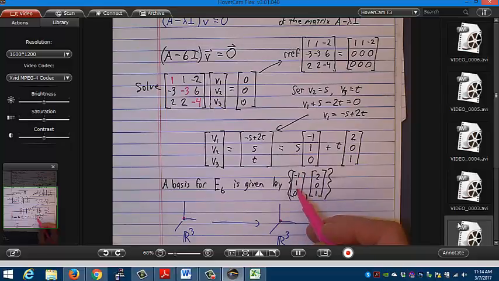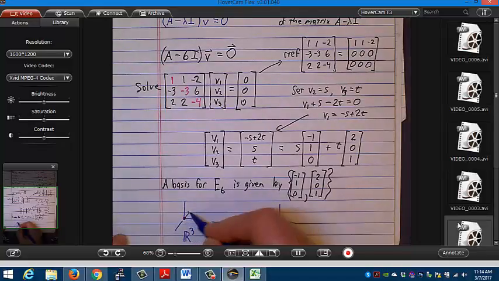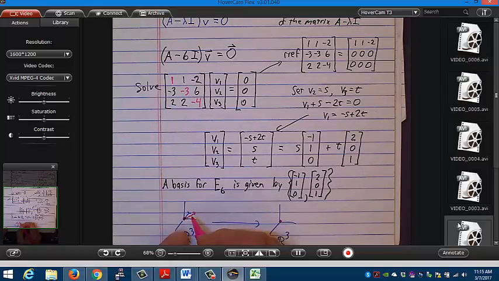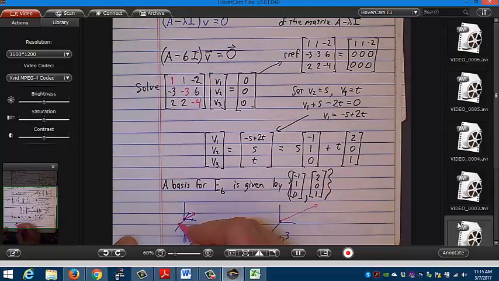And negative 1, 1, 0, where is that? Well, the x direction, negative 1, would be back here, and in the y direction, 1 would be in this direction. So that's saying that this vector, if you apply A to it, is going to point the same way and just be multiplied by 6. Same thing with 2, 0, 1, which would be 2 in the x direction and up 1.